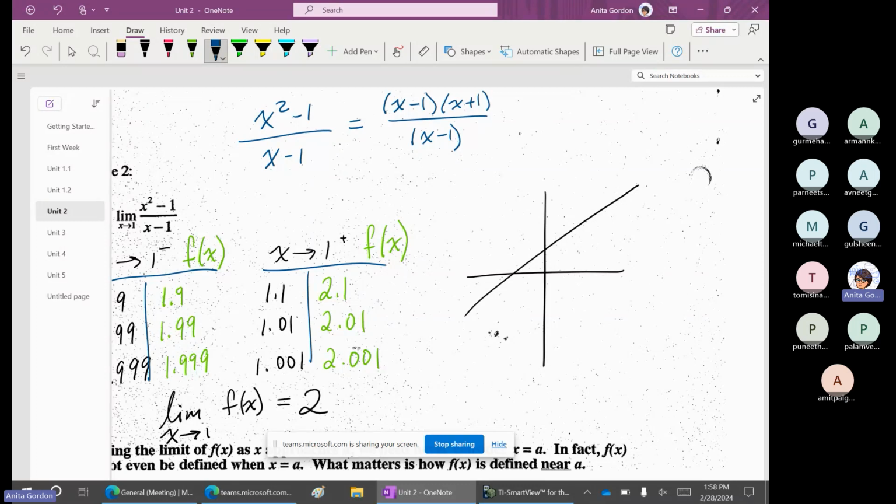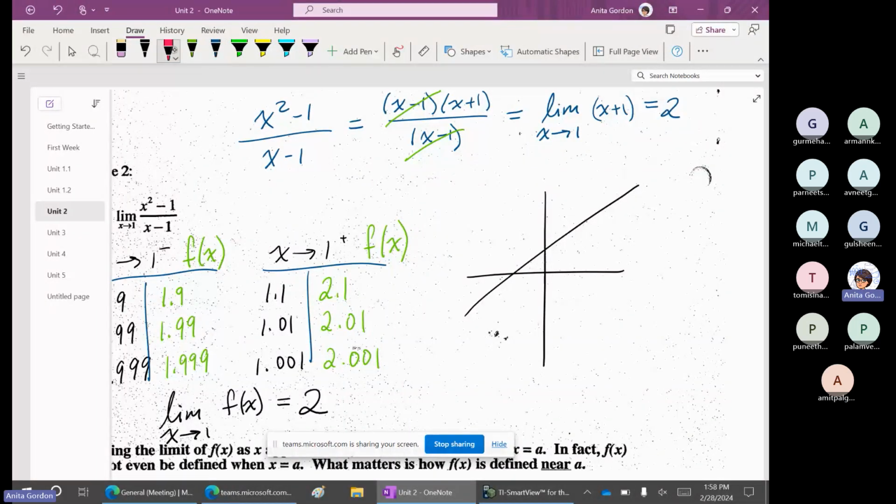I can cancel out the common factor x minus 1, and I can really just focus on the limit as x approaches 1 of x plus 1. And I know that this is going to be 2. That's much easier to see.